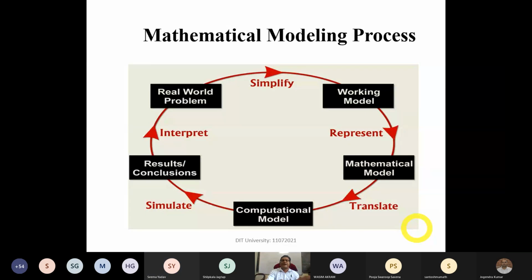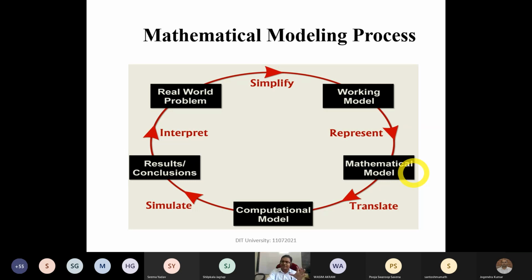So if you have a mathematical model, these are the very simple steps to do this. You choose the real world problem, you simplify it in your own words, and then you develop the working model. Once you develop a working model, you represent it in mathematical modeling using differential equations, either ordinary differential equations or partial differential equations, then translate it in a computational way.